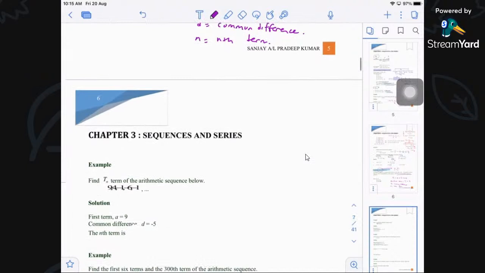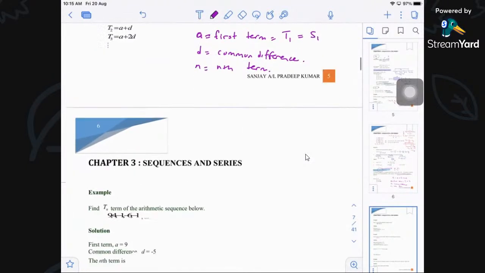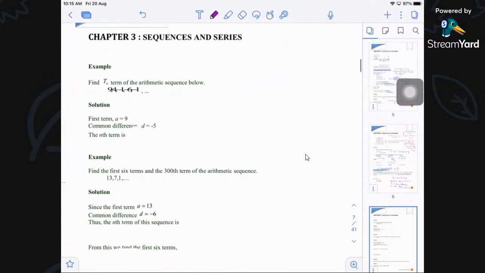So once we know these definitions already, we can carry on. We can find out the nth term of the arithmetic sequence. The nth term over here is also considered as the last term. If we have a sequence and we want to find a formula for it, we always use the last term, which is Tn.